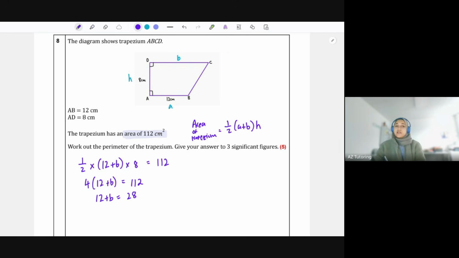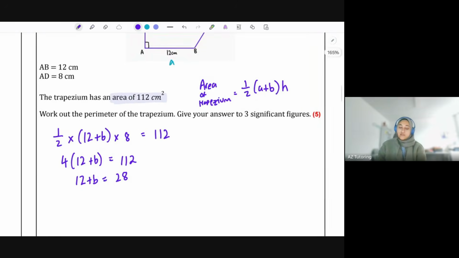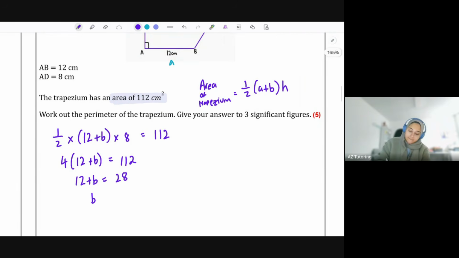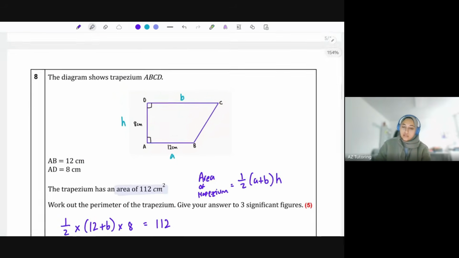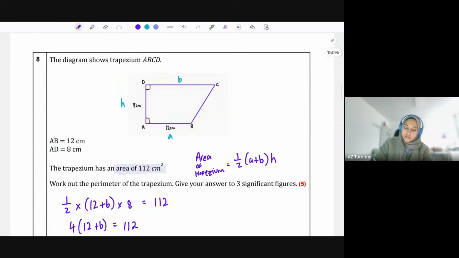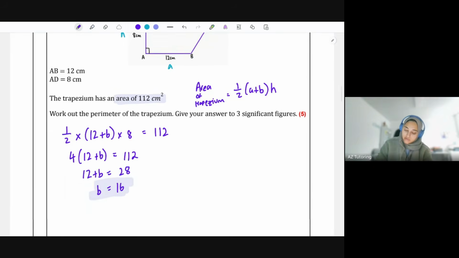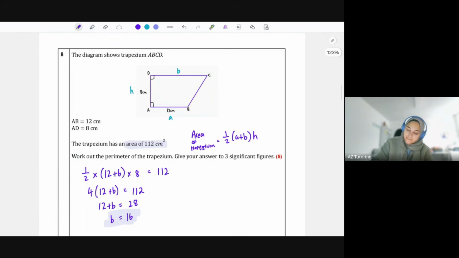Now to get B by itself, I need to get rid of that 12. To get rid of that 12, I'm going to minus it over to the other side. B equals 28 minus 12, which gives me 16. Okay, perfect. So I've got B. I know that this top side here is 16, so I can just write it here. I'll call it DC. So I know DC is 16.